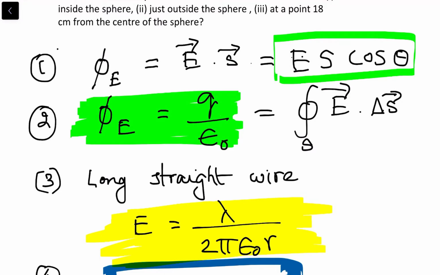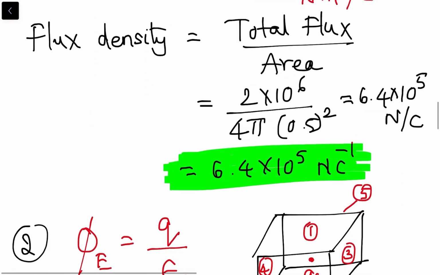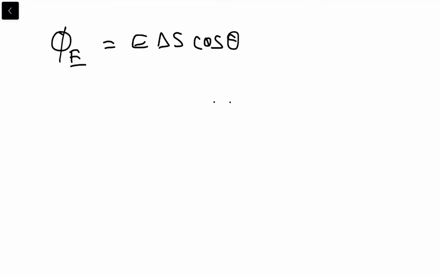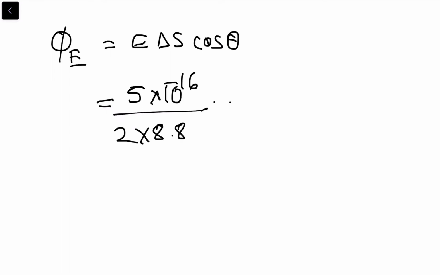S means area. So here delta S or delta A, whatever it may be, is nothing but area. So E, whatever we have got now, is 5 into 10 to the power of minus 16 divided by 2 into 8.85 into 10 to the power of minus 12, into delta S.